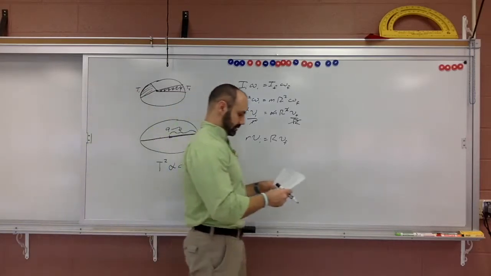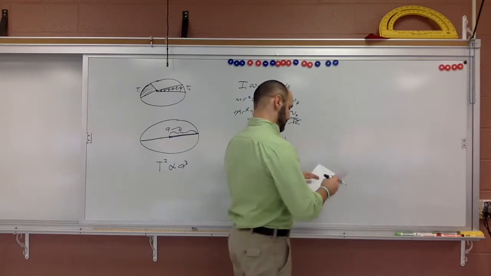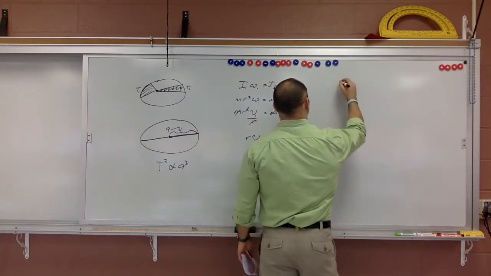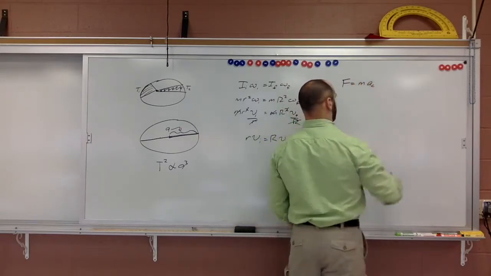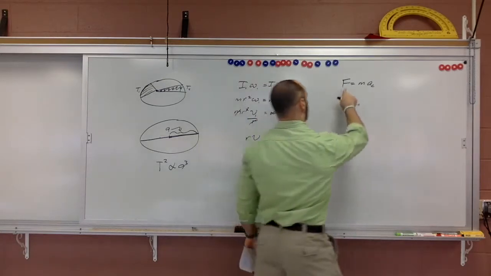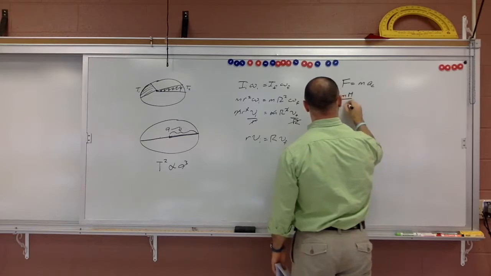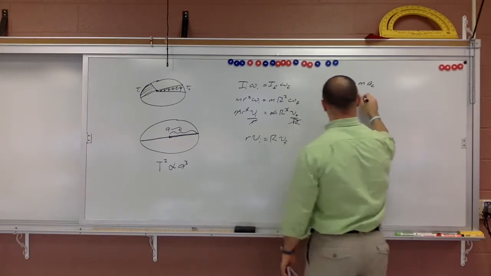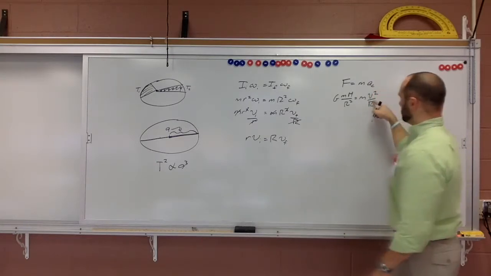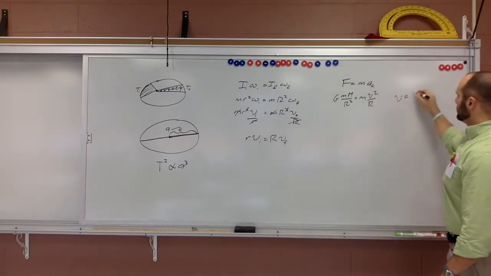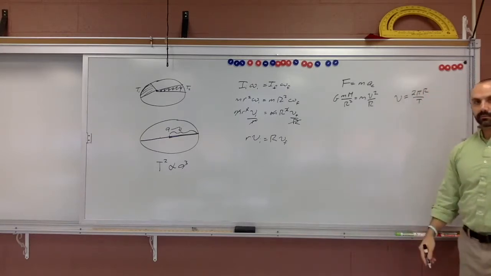Another application here. If we have the force equal to the mass times the centripetal acceleration, the force is given by G M m over r squared, and the centripetal acceleration is given by v squared over r. But what is v? V is 2 pi r over T, over the period.